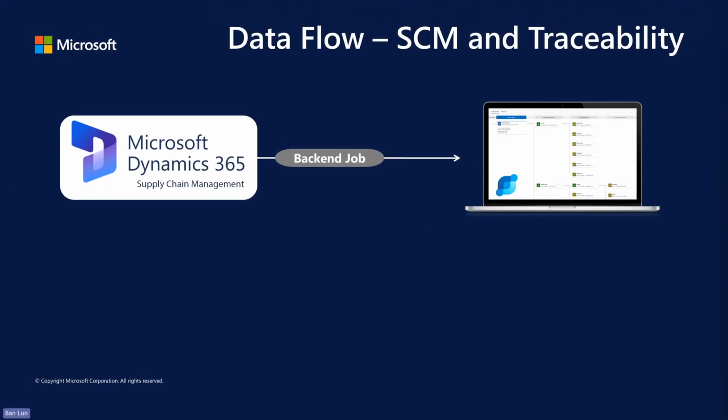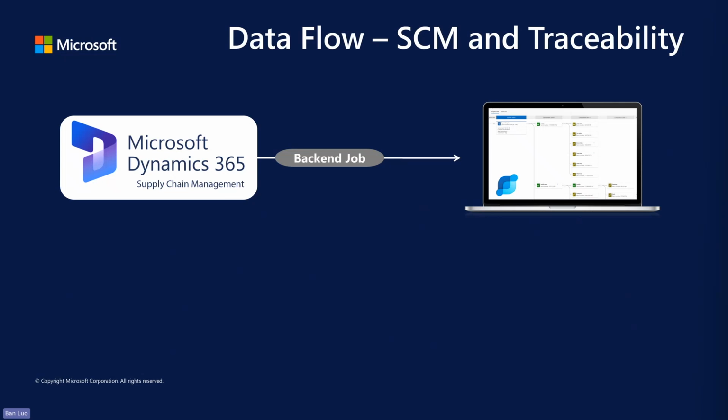This is the data flow of our traceability integration. There is out-of-box integration from D365 SCM to traceability by a backend process. One thing I need to mention here: traceability is designed to offer a collaborative data structure for big data query and insight analysis.